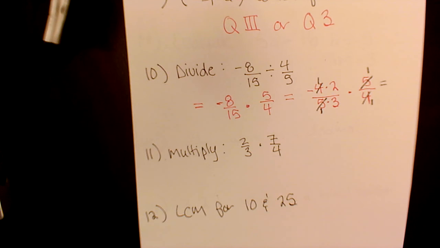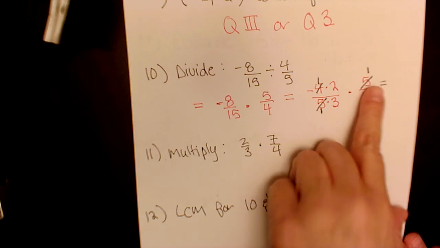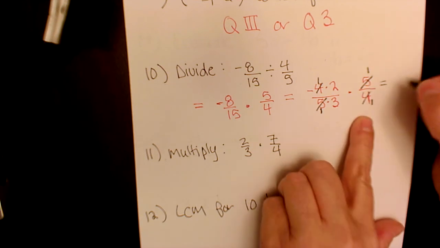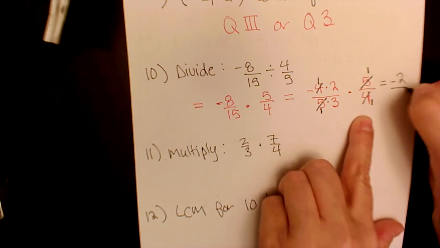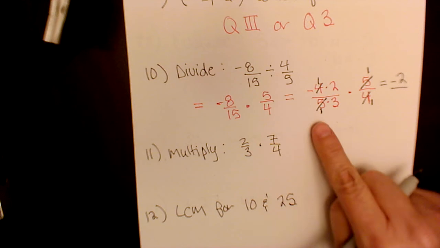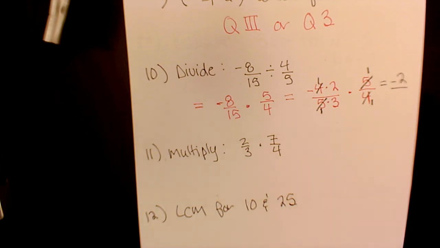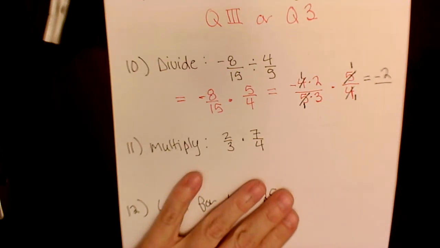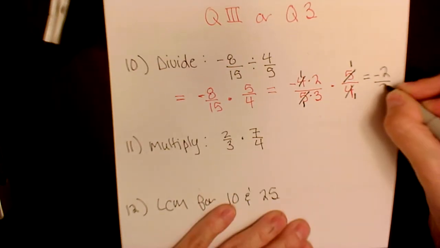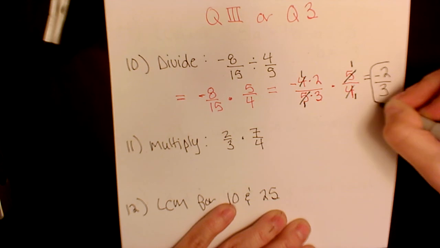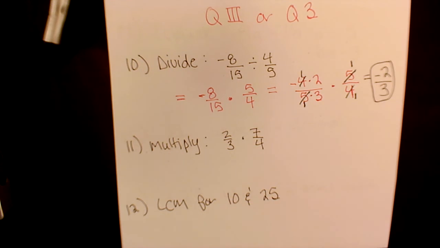So I've got negative 1 times 2 times 1 across the top, which is negative 2. And what's 1 times 3 times 1? Across the bottom, 3. So here's my answer, negative 2/3.